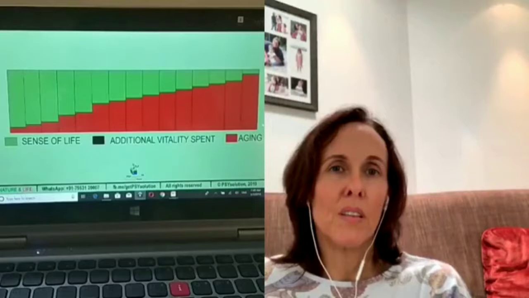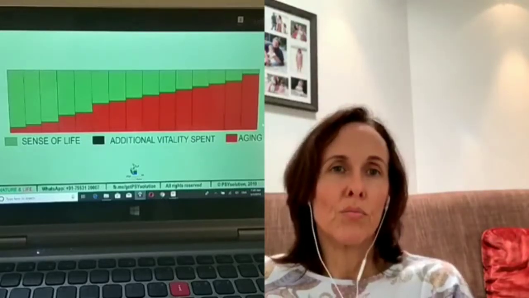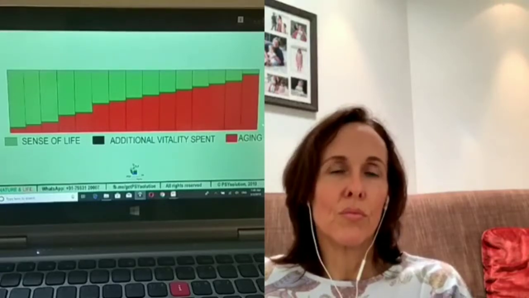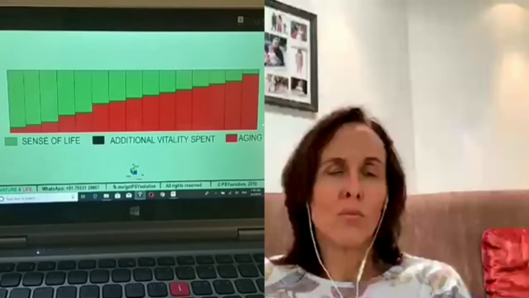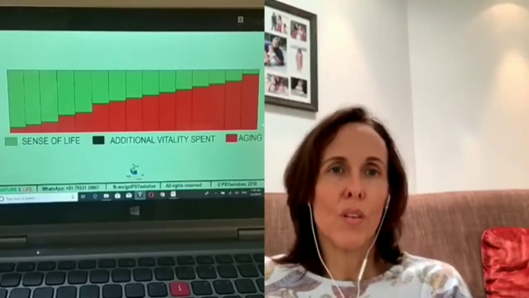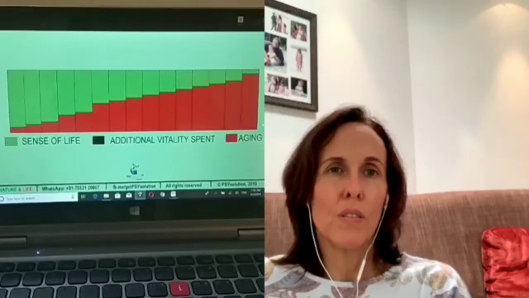Each cell will become more complex with aging, and with that complexity, the metabolic actions, the catabolic and anabolic actions, also become complex in nature. And with that complexity of the metabolic action, the engagement of the vitality will progressively increase.